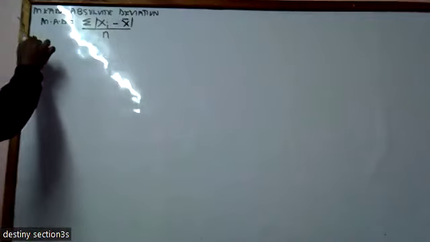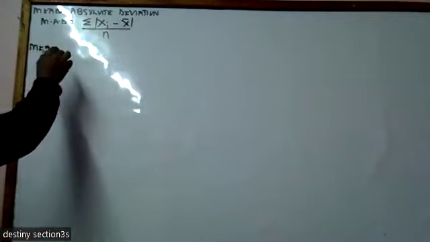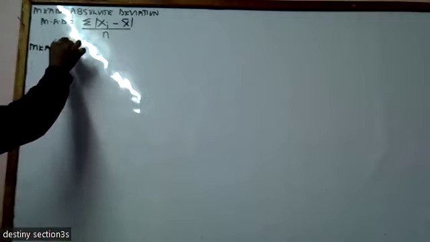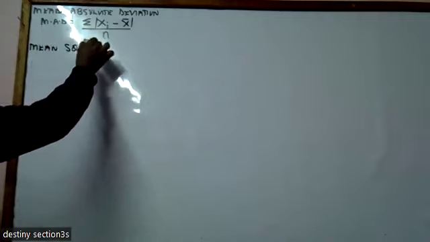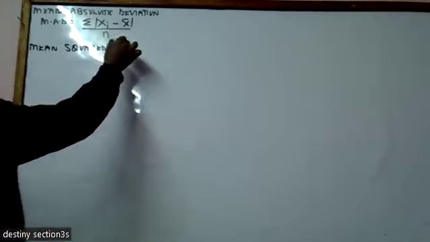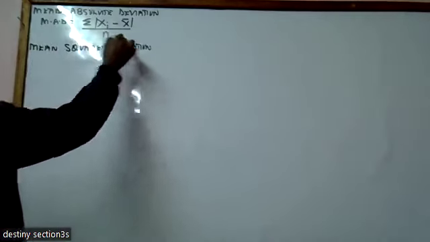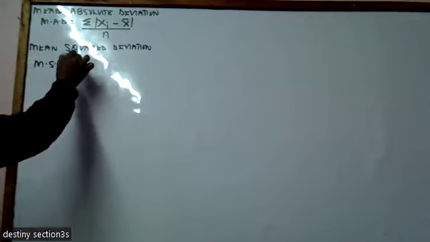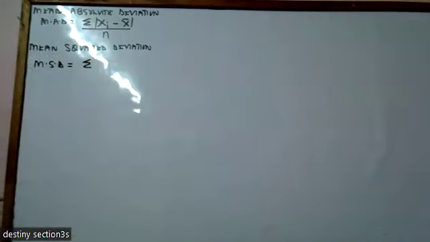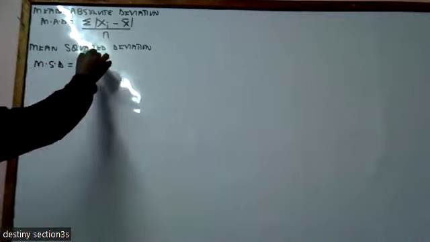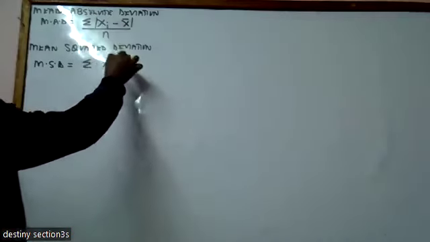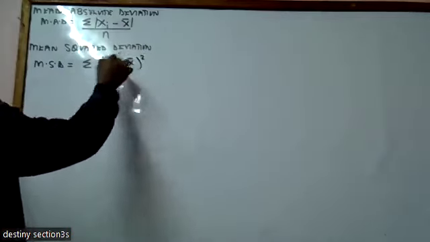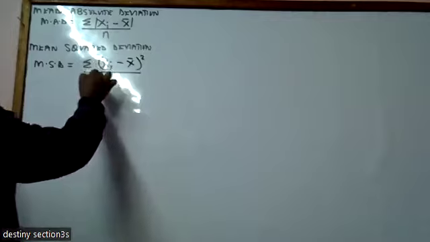And the mean squared deviation is where you talk of xi minus x bar squared, you divide by n.